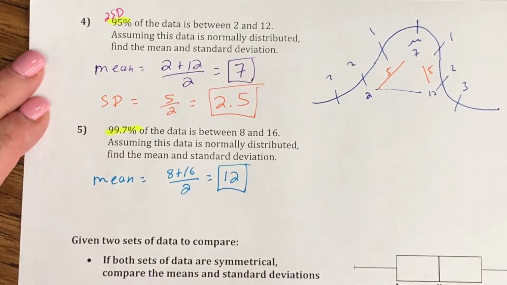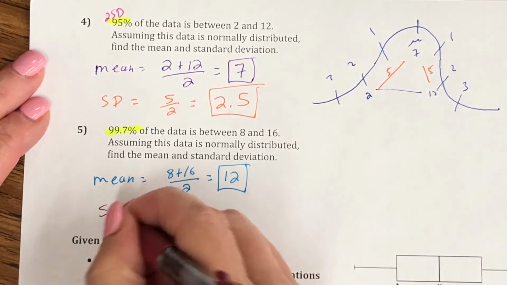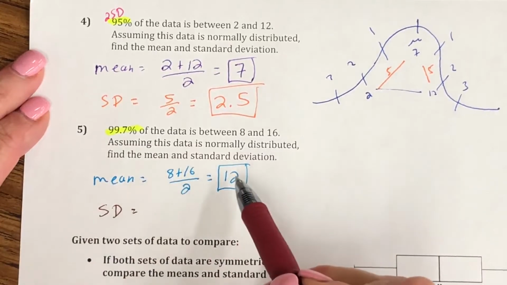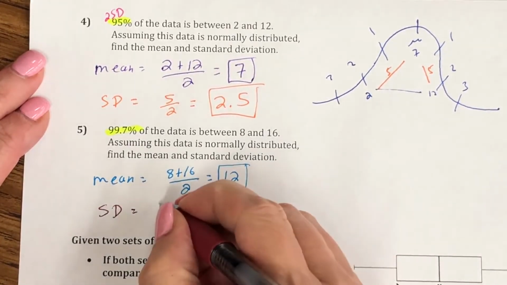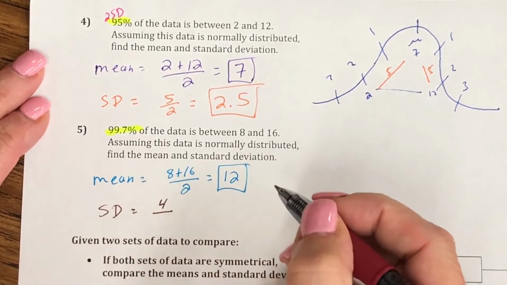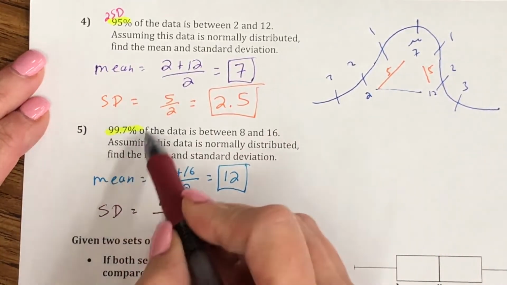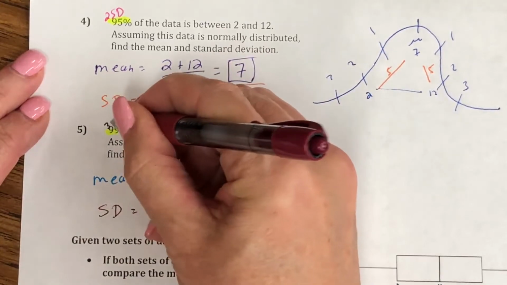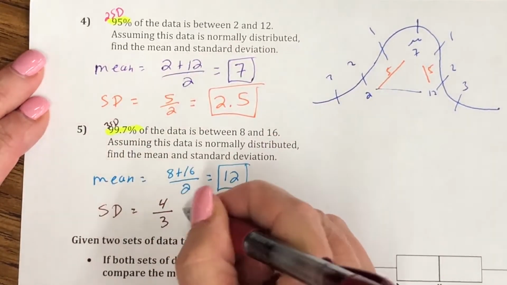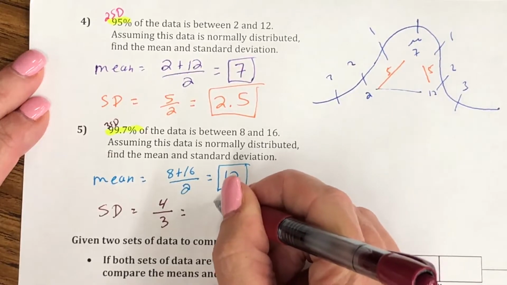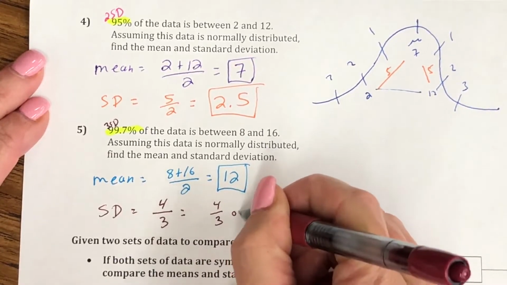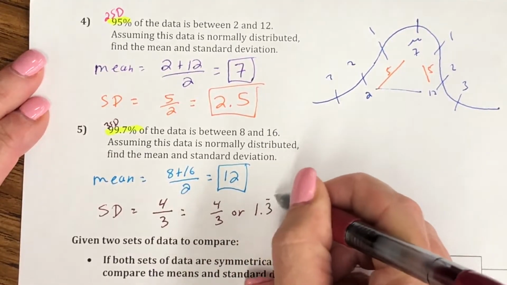Okay, to find my standard deviation, how far is 8 from 12? That's 4 places. How far is 16 from 12? That's 4 places. So 4 divided by, and this is 3 standard deviations, so I'm going to divide by 3, which I can either leave as just 4/3 or 1.3 repeating.